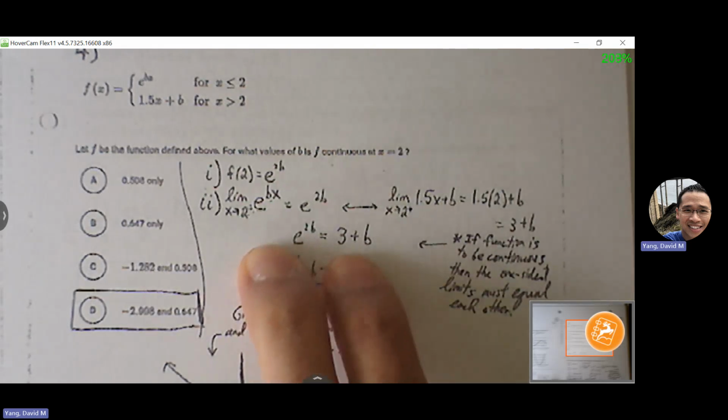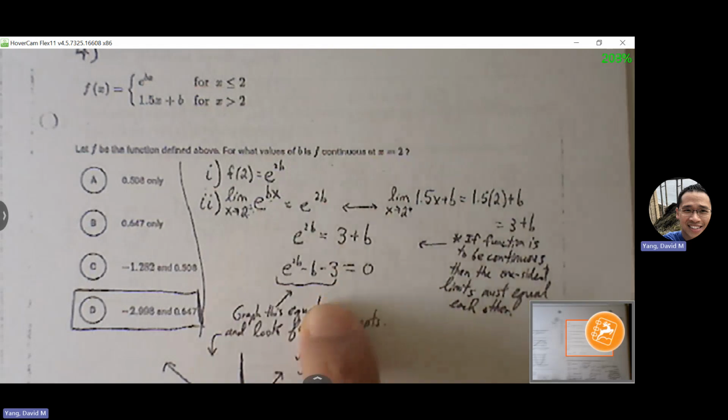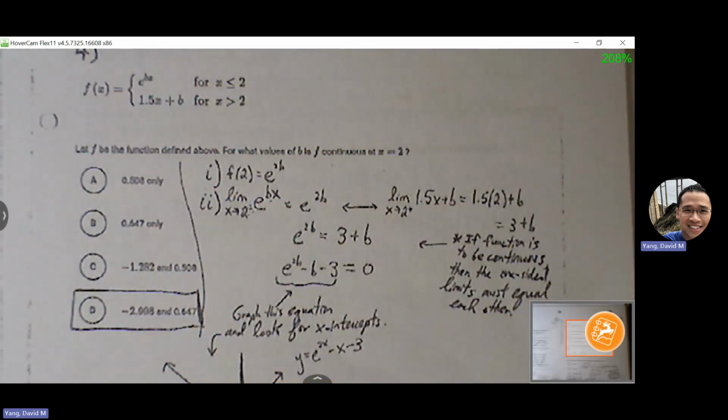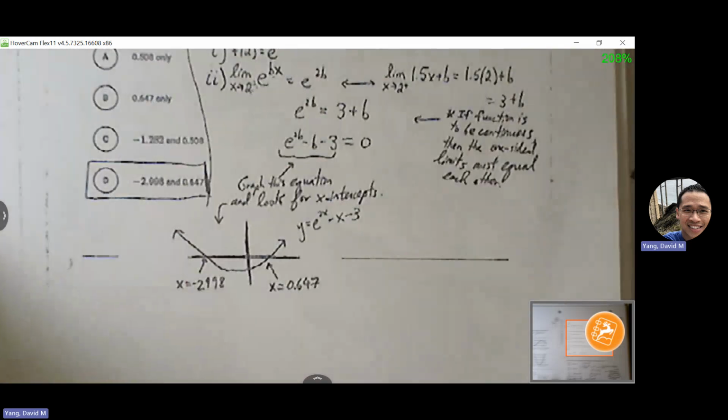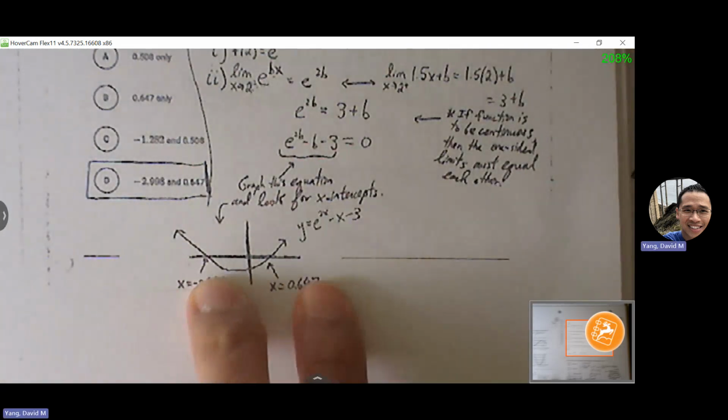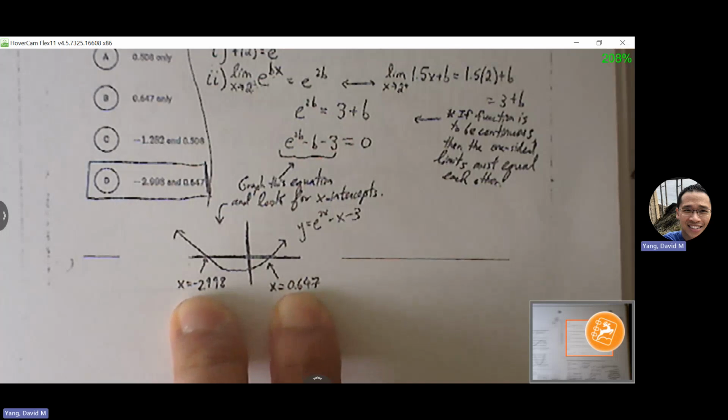You can also graph these two separately and look for the intersection, but I prefer looking for the x-intercept because then I don't have to go searching all around the first quadrant to figure out where they intersect. I can just follow along the x-axis. So I graph it, I look for my solution, and I have two solutions, negative 2.998 and 0.647.